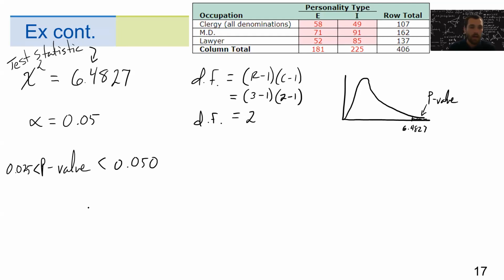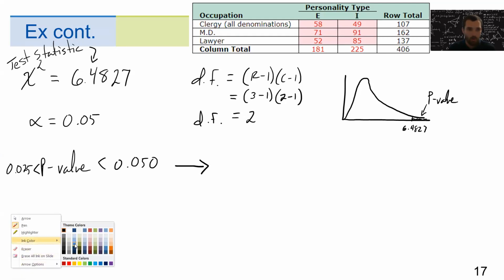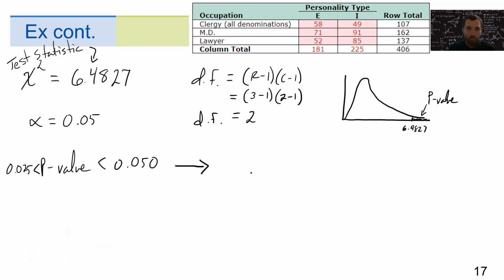All right. Now it's time to conclude our test and interpret it. This right here is telling me, and I'm going to change my color because it's important, that the p-value is less than or equal to alpha. My p-value is smaller than 0.05 and my alpha is 0.05, so the p-value is less than or equal to alpha.